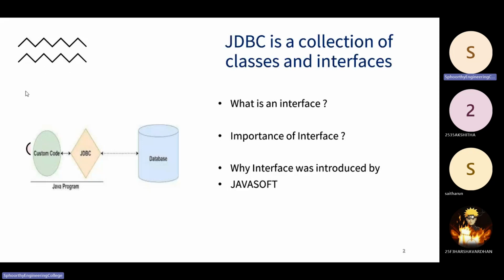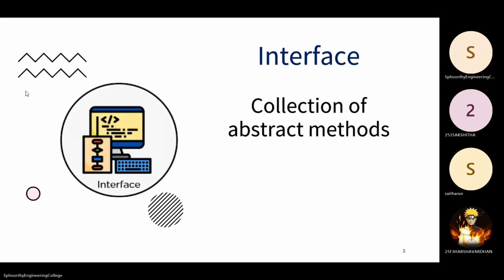What is the importance of an interface? And why were interfaces introduced by JavaSoft? This is what we need to understand, because JDBC is basically developed using interfaces. It's a collection of classes and interfaces, but interfaces play a very important role. So we will try to understand the same.